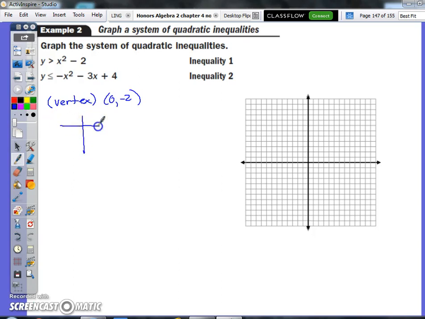You know your t-chart is negative 2, 2, negative 1, negative 1, 0, negative 2, 1, negative 1, and 2, 2. So you already know this, and we already graphed it. We already know the inside is shaded. So I'm just going to graph it again.